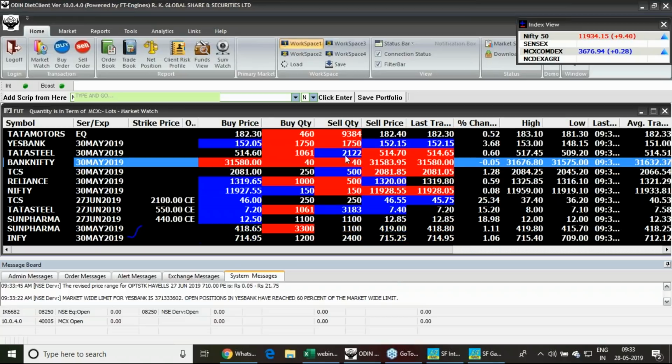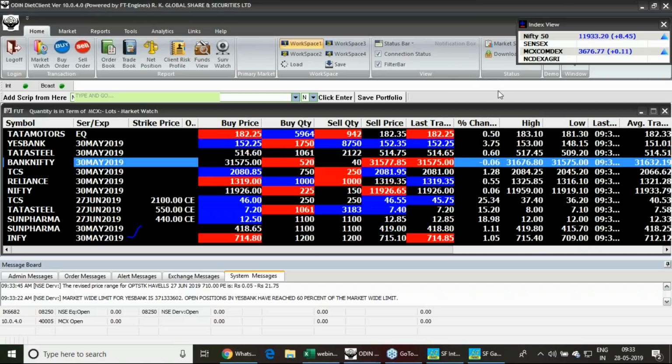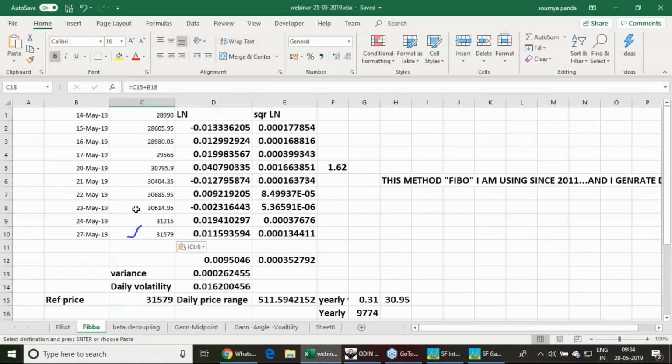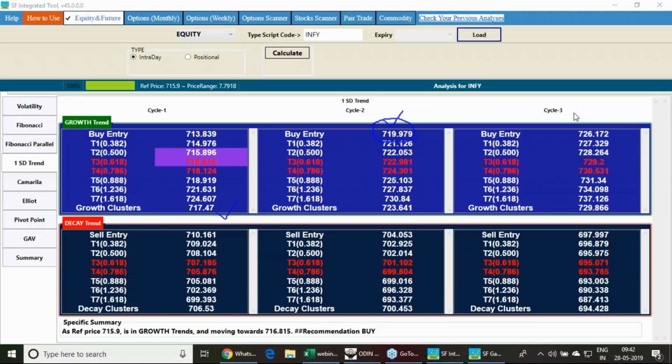But from 9:30 onwards, whatever is there, that we will be taking. I request all of you, since all these things we are doing for intraday.